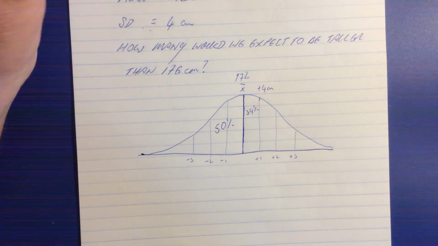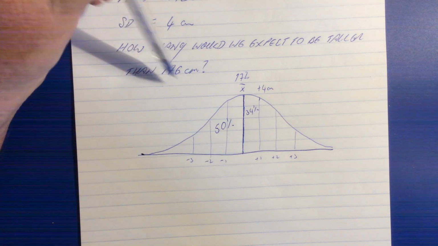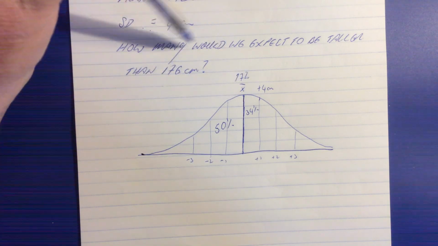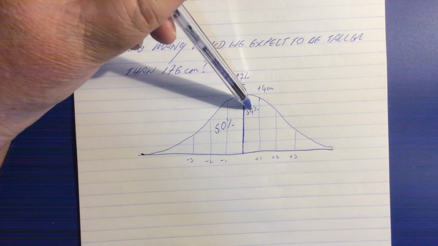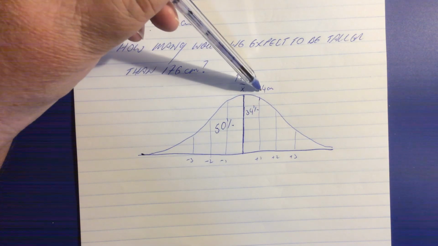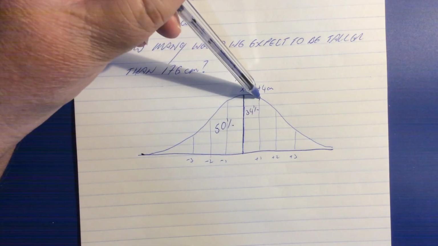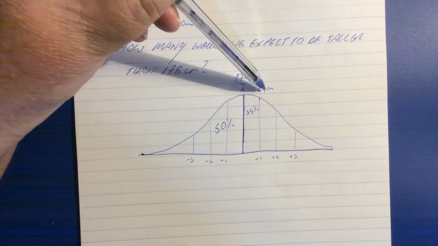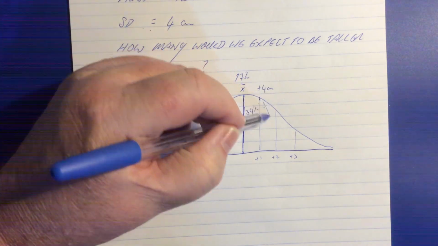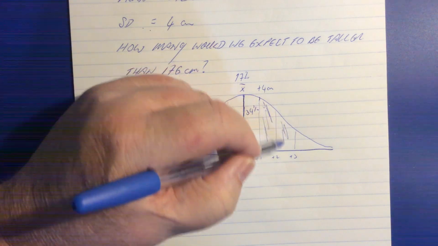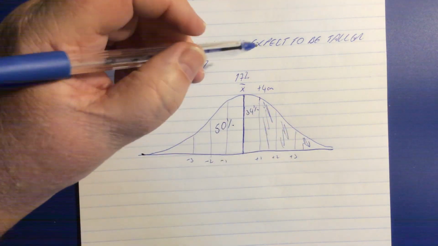So what we would expect is that, to do this negatively, 84% of students would be shorter than 176 centimeters. So what we're looking for is we're looking for the students in here, and in here.